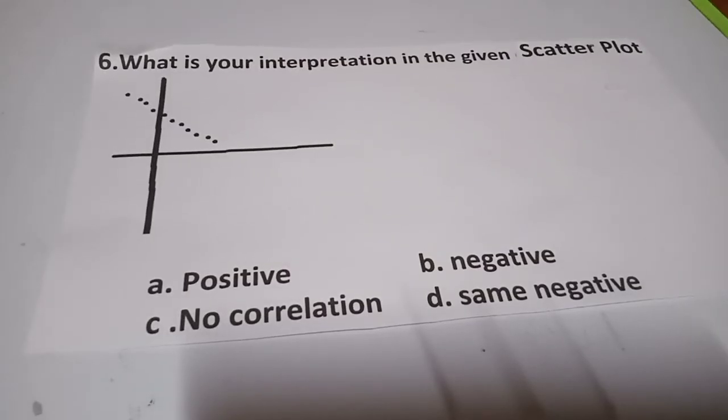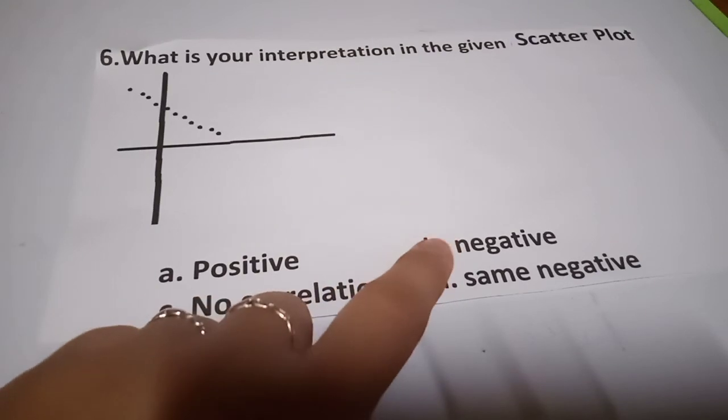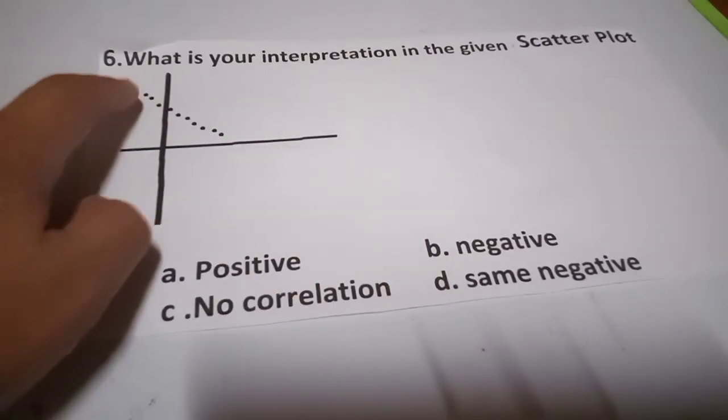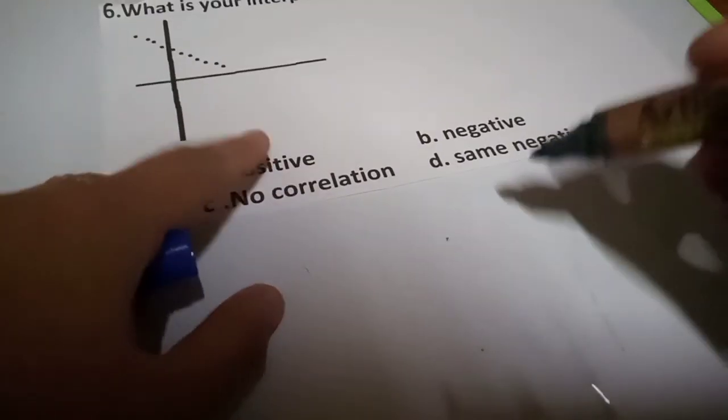Okay guys, what is your interpretation of the given scatter plot? If you look at the scatter plot and it goes from right to left, or going down, that is a negative correlation. Take note, a straight line going down from the dots is negative. What if I have a figure that is similarly negative?